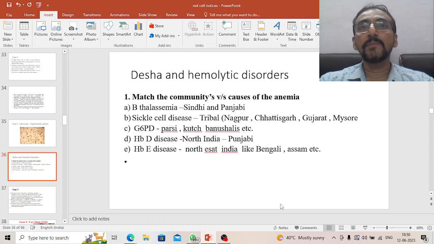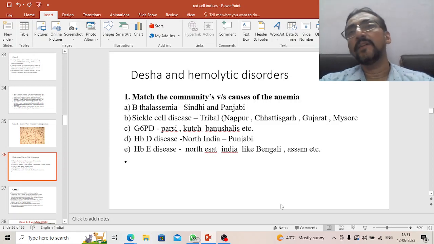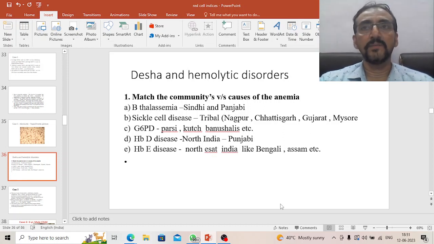In iron deficiency anemia, serum iron will be low and serum iron binding capacity will be high. In thalassemia, serum iron will be high, serum iron binding capacity will be low, and the RBC fragility test will be positive. So this is a very, very useful investigation to differentiate thalassemia. Otherwise, many times there is a chance that you wrongly diagnose thalassemia as iron deficiency anemia and start iron syrup.